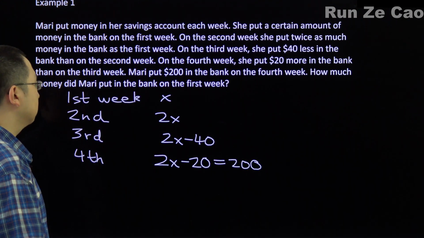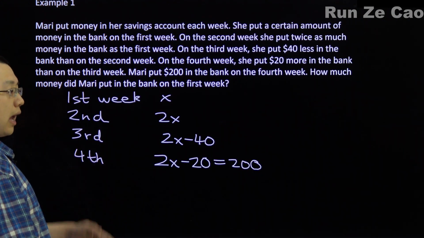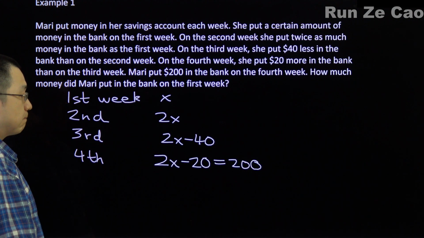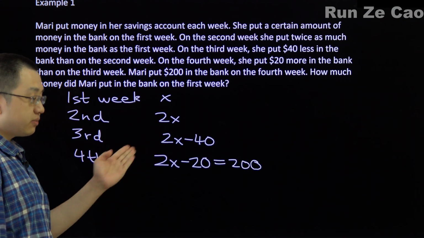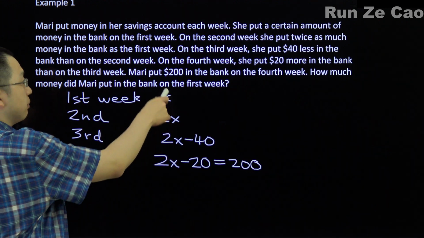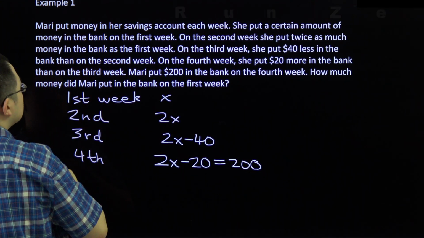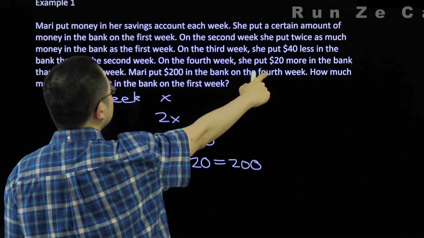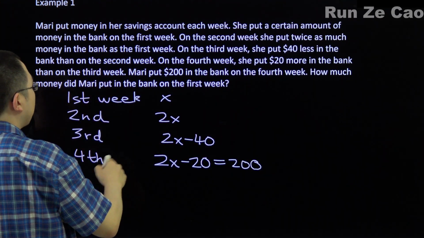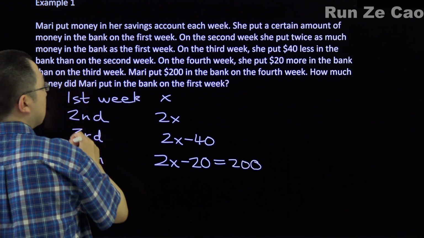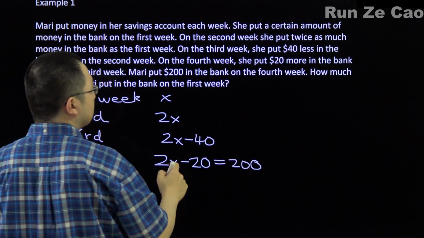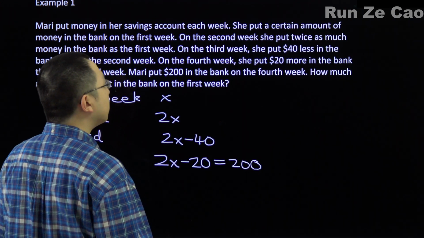And you can do the algebra, or you could have solved this problem by going fourth week, $200. Third week, well, it was $20 less than on the fourth week, so $180. Second week, oh, third week she put $40 less.